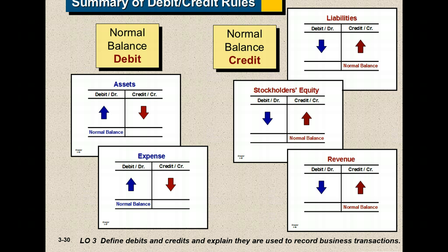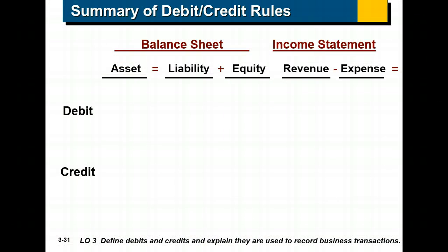So, assets and expenses have a normal debit balance. Initially, guys, you're just going to have to memorize this. And then as we start doing problems, it's just going to start sinking in and make sense. But liabilities, the stockholders' equity, and revenues have a normal credit balance. So, when we increase an asset, we're going to debit it.